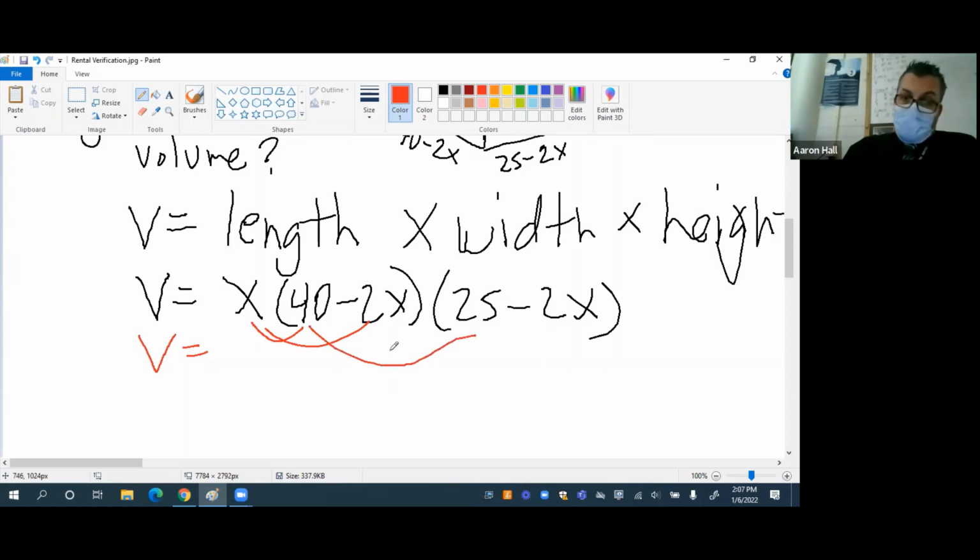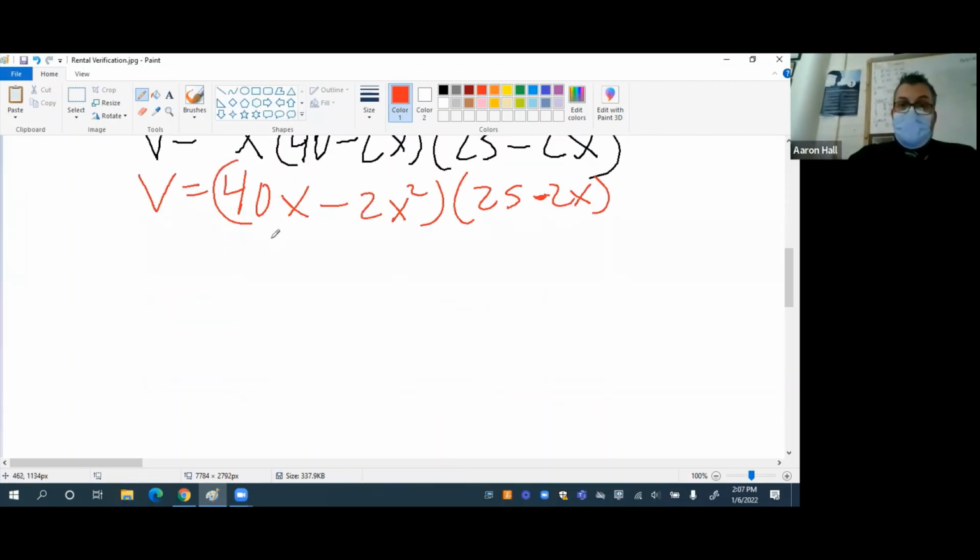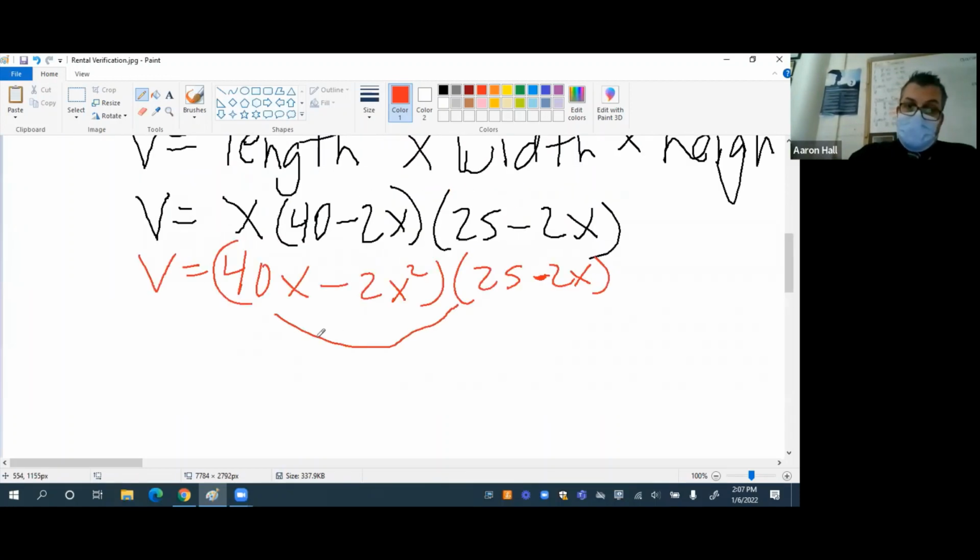Distributing here, a binomial times a binomial, is secondary math 2. Let's do this first part, which gives us 40x minus 2x squared. So I have this binomial times this other binomial. Some of you learned this as FOIL.